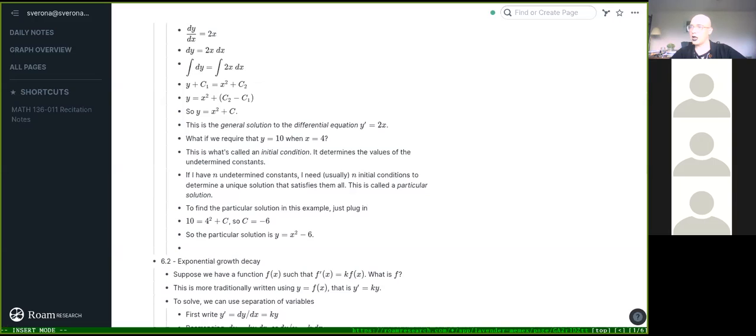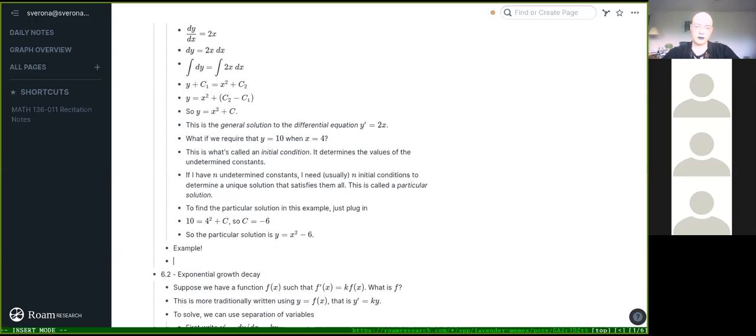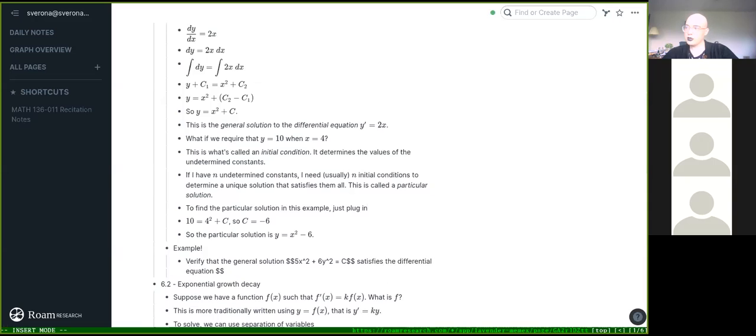All righty. So here's an example. So let's see what this says. Verify that the general solution, and I'm going to put what things are next to the term for them, 5x squared plus 6y squared equals c satisfies the differential equation 5x plus 6y y prime equals 0.